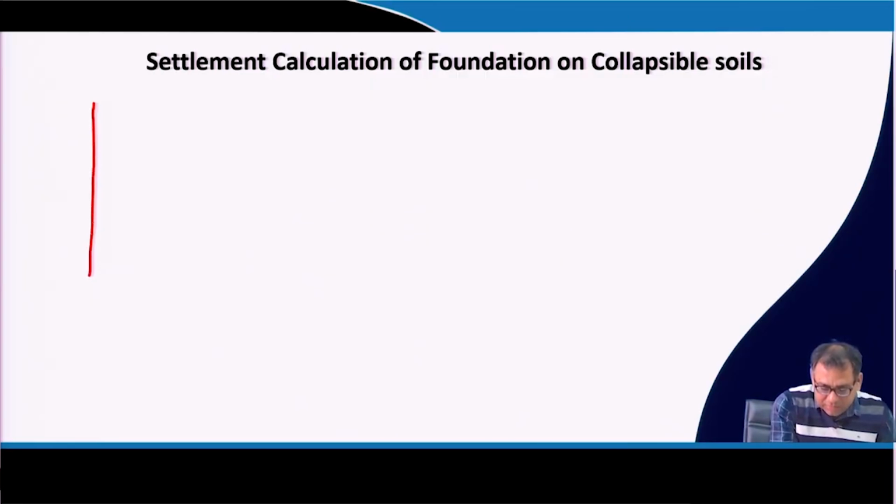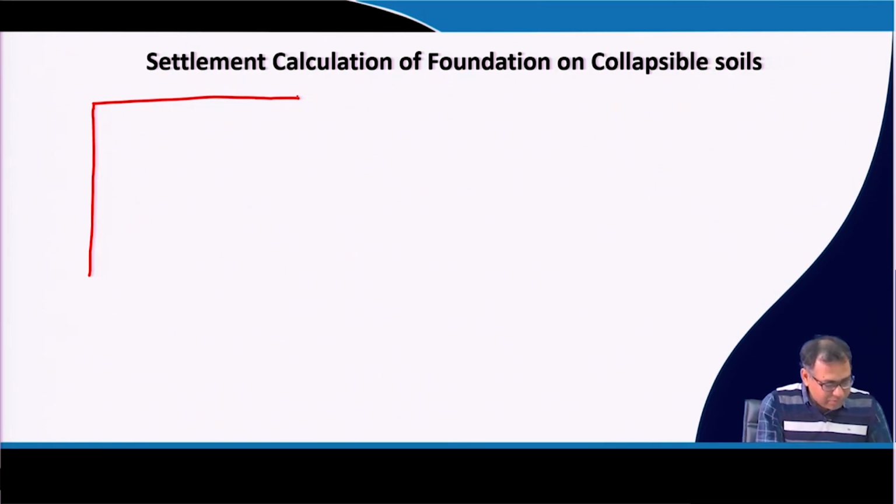I will show two cases, one is normally consolidated soil and the other is over consolidated soil. So, suppose this is the e value, now the e curve.